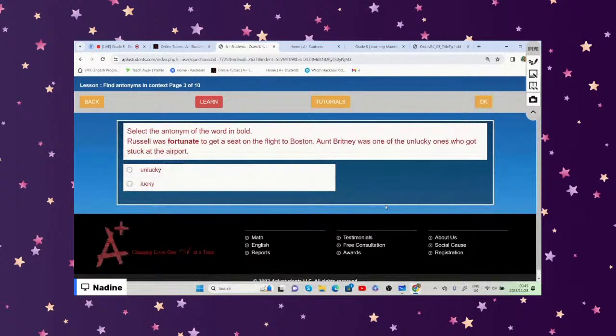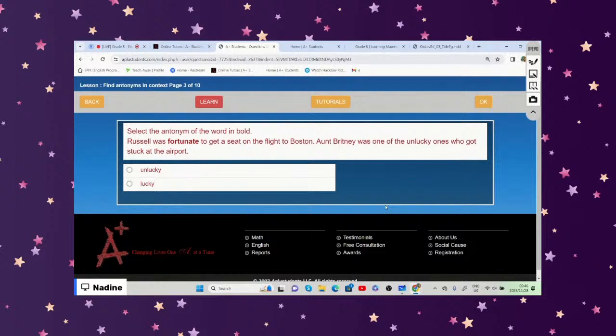Russell was fortunate to get a seat on the flight to Boston. Aunt Brittany was one of the unlucky ones who got stuck at the airport. So we need to find the opposite of fortunate.